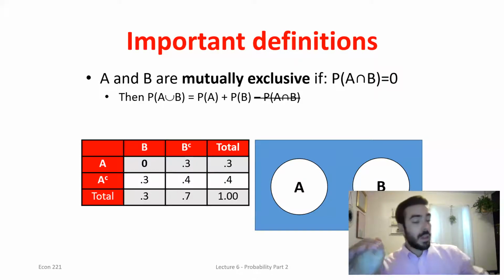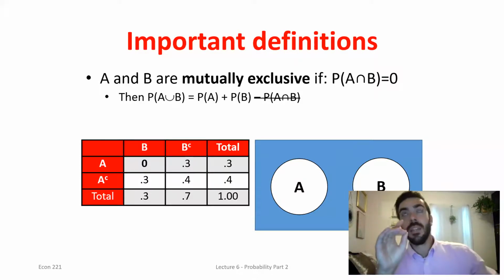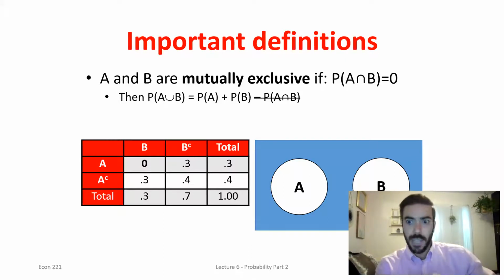The only way they could be mutually exclusive is if the intersection is 0, which means you'd have to see a 0 in that contingency table. Okay.